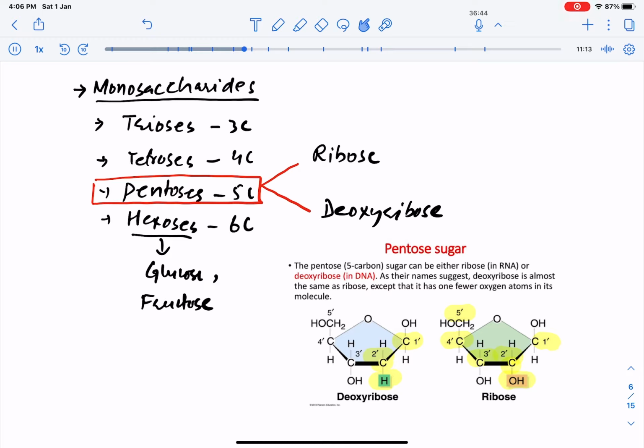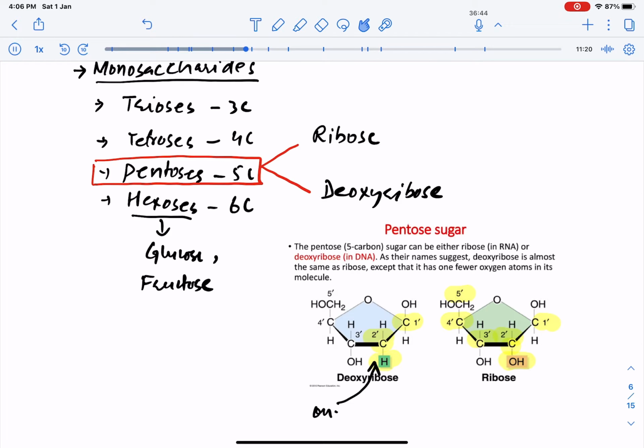So there is one oxygen less in deoxyribose. The name also suggests it: D means removal and oxy from oxygen, so a ribose which has one oxygen less at carbon number 2 is deoxyribose sugar.